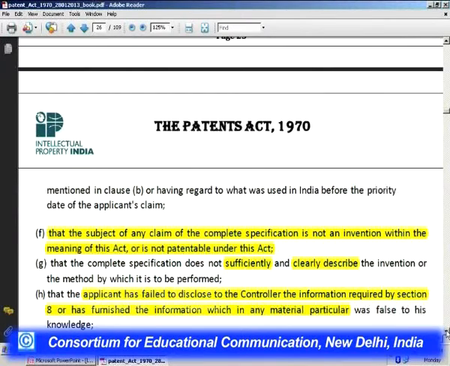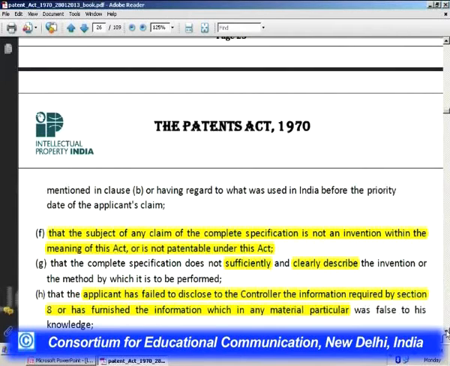25(1)(e) is over. 25(1)(f) furnishes another ground for the pre-grant opposition, and it reads that if the subject of any claim of the complete specification is not an invention within the meaning of this Act or is not patentable under this Act. I believe it is very easy for all my viewers to understand: something which is not a subject matter for the patent.